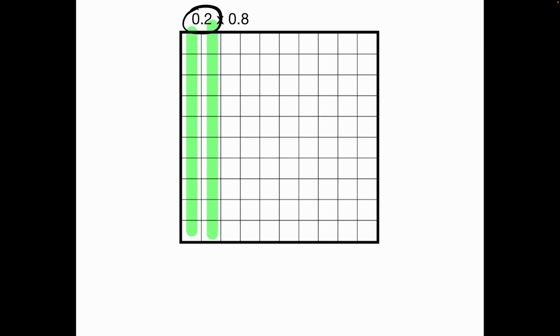There's my 2/10. Now the next one that it wants is 8/10. Well, I'm going to have to do those the other way. 1, 2, 3, 4, 5, 6, 7, 8. Okie dokie. Now all we have to do is see where they cross to see what our answer is.